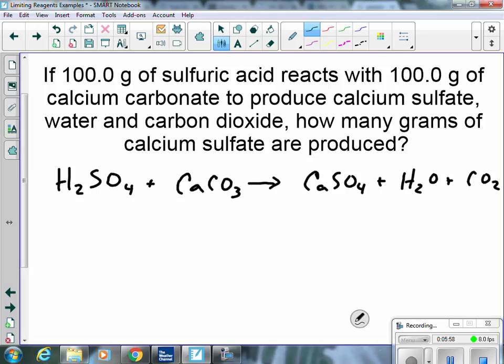Now, since I've already done this problem, I know that this equation is balanced as it is. So there is my balanced chemical equation.